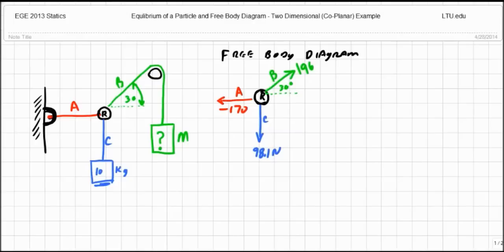Since it's only free to translate and does not rotate, we know from statics that this is a case where the sum of the forces is equal to 0. The only forces we need to consider, and they're vectors of course, in this two-dimensional case are forces in the x direction and forces in the y direction.